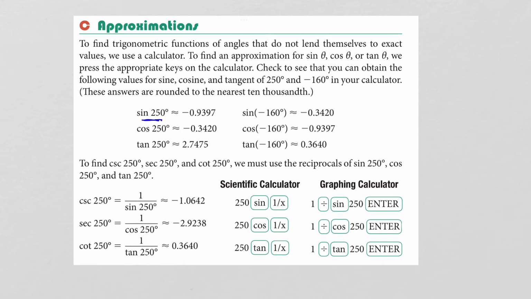And to take the sine of 250 degrees, all we have to do is plug it into our calculator. Now, in some calculators, that means that you are going to type the angle first and then the sine. But in most modern calculators, you will type the sine first and then the angle 250. And we usually round to the nearest 10,000th, which means 4 decimal places.